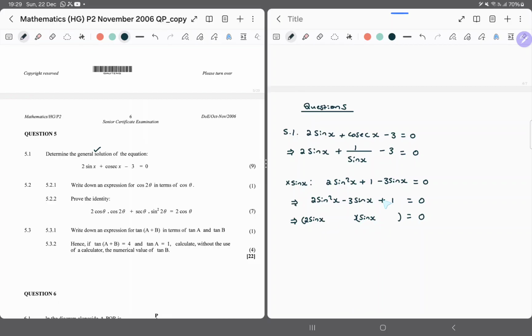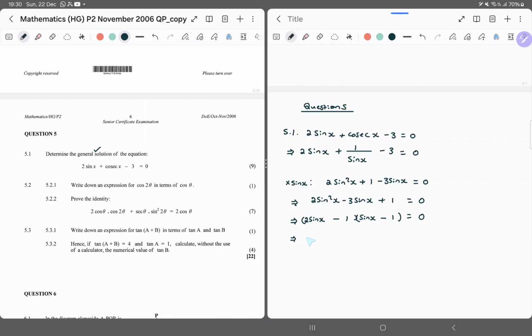sine x. This is positive, this is negative, so both brackets must be negative, and of course 1 and 1. So we've got minus 2 sine x minus sine x. It gives us minus 3 sine x. 2 sine x times sine x, it becomes 2 sine squared x. Minus 1 times minus 1, it gives us plus 1. So that expression is good. So what do we do now?